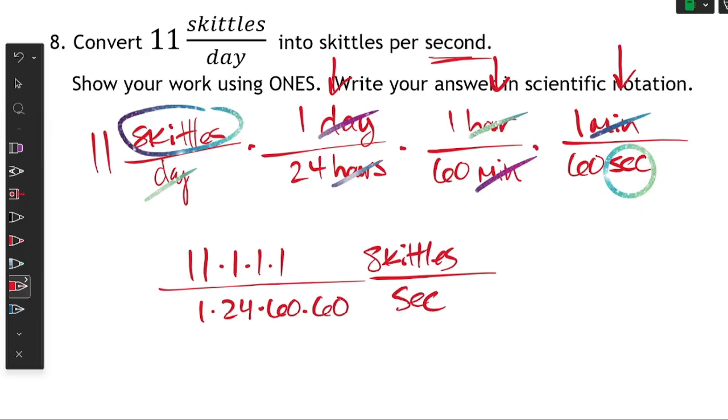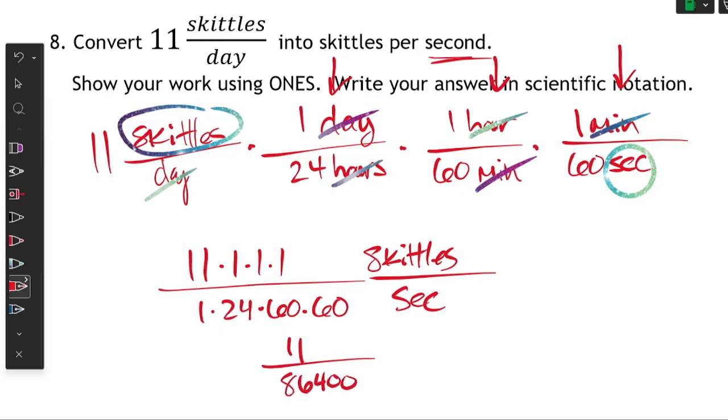Now, when I grab my calculator, if you don't get this number immediately, you've got to be careful about using parentheses, because you really need to take the number 11 and divide it by that entire denominator, which is 24 times 60 times 60, which is 86,400.